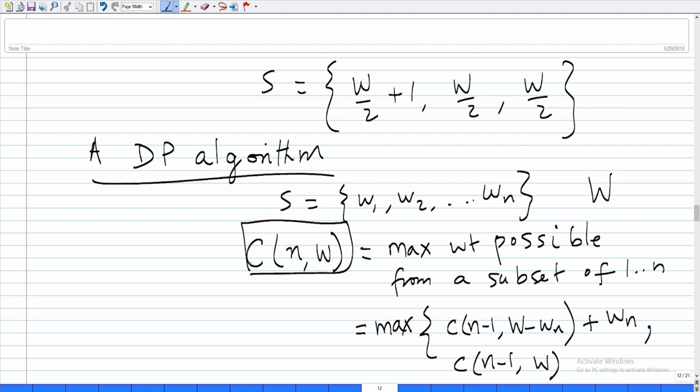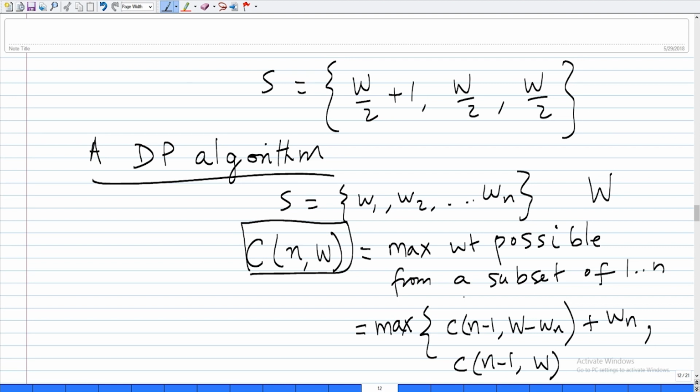If your first object has capacity W, then that is the best one, and you gradually, using this recursive formulation, compute finally what is the maximum possible thing available using any subset of n objects. This has the optimum substructure property, which is used here: if you pick Wn, then whatever remains is the optimum solution from 1 to n minus 1 in the remaining capacity.